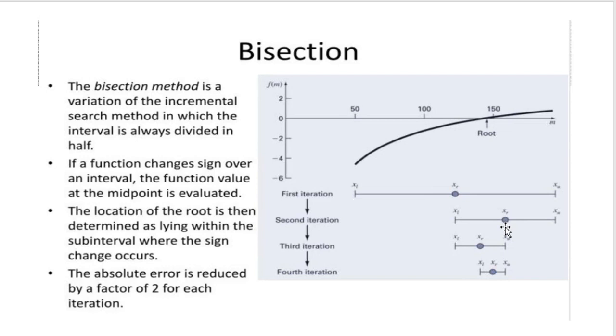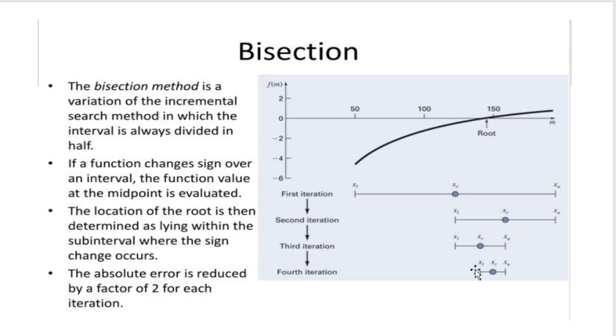The previous value of XR is now the value of XU. Again, I find the midpoint of the search range, that is, the new value of XR will be equal to (XL plus XU) upon 2. So I get a new value of X, which is again reducing the range by half. And we again do the calculation for f of XR.